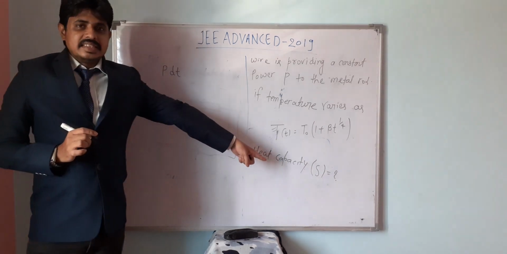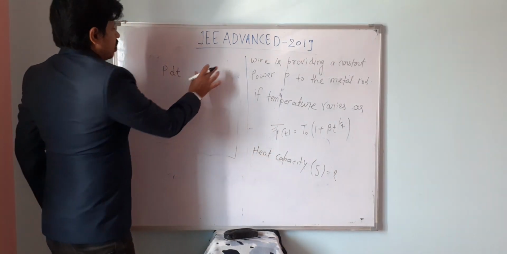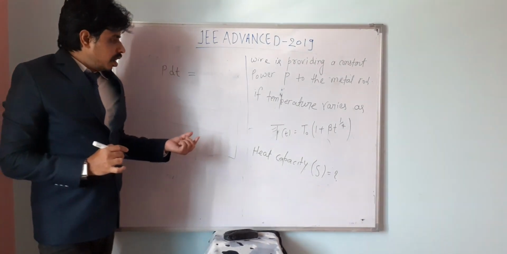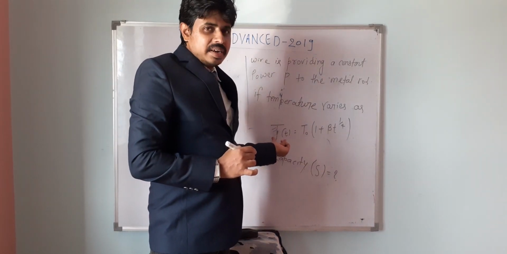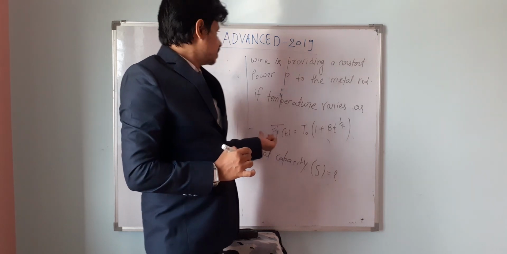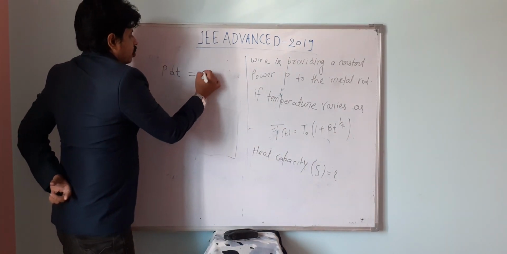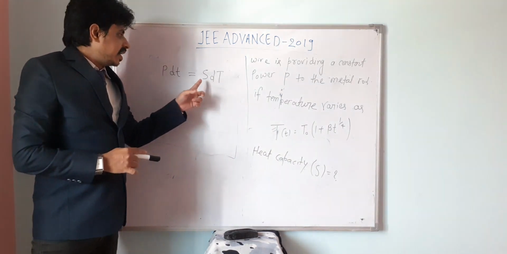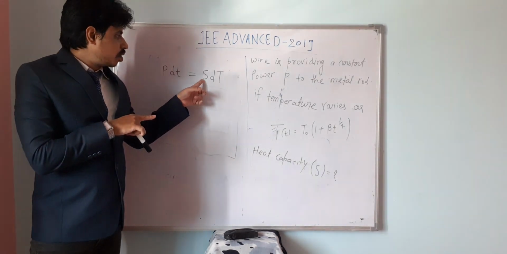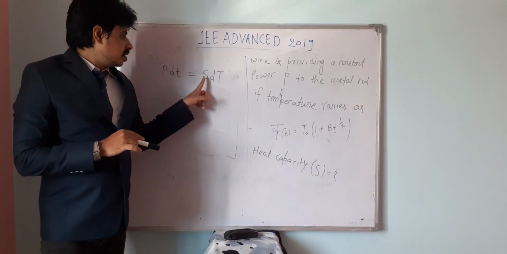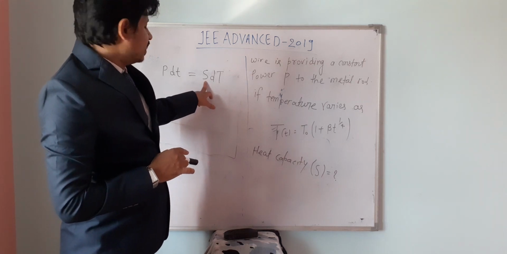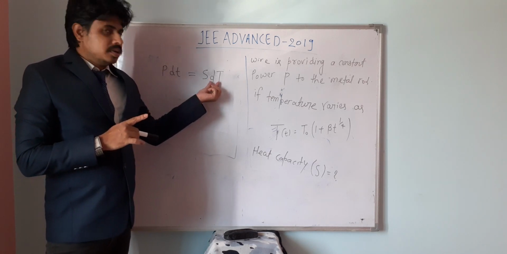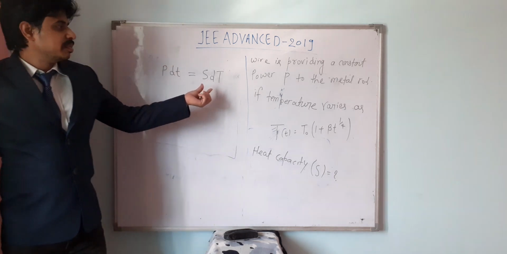And if S is the heat capacity of the body, and during this small time dt its temperature changes by a small differential dT, then the heat received must be equal to S into dT, because S is the amount of heat required to raise the temperature of the entire rod by 1 degree C. So if S joule heat is required to raise the temperature by 1 degree C, then to raise the temperature by dT degree, the amount of heat must be equal to S dT.